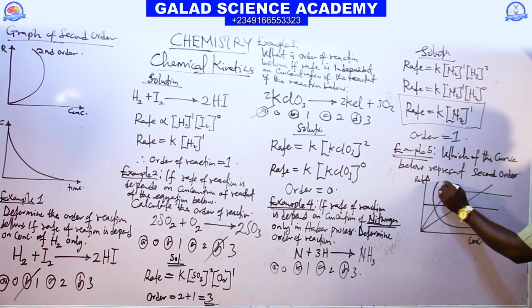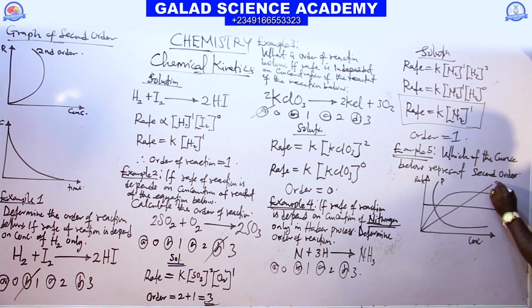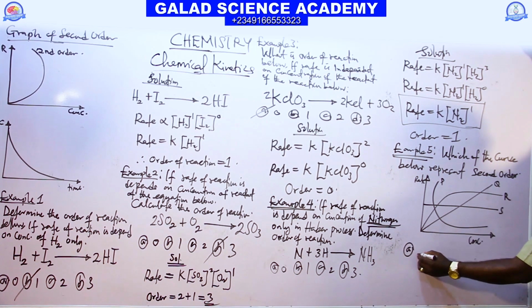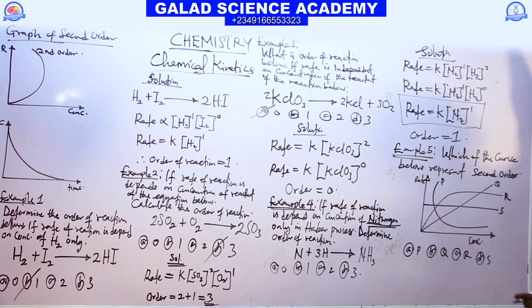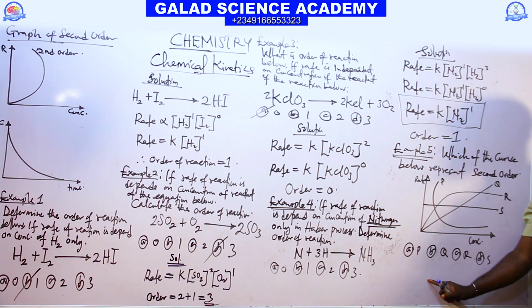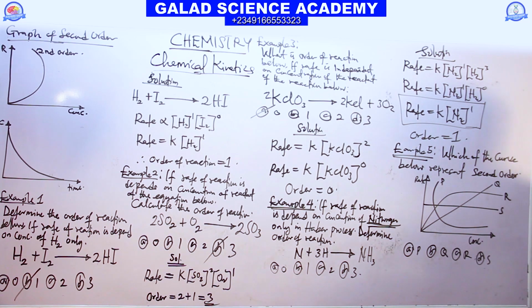Call them P, Q, R, X. Option A, P. Option B, Q. Option C, R. Option D, X. Which of the curves represents second order?